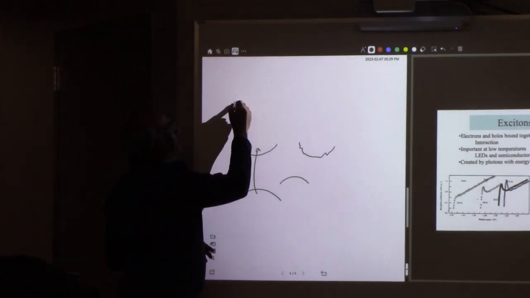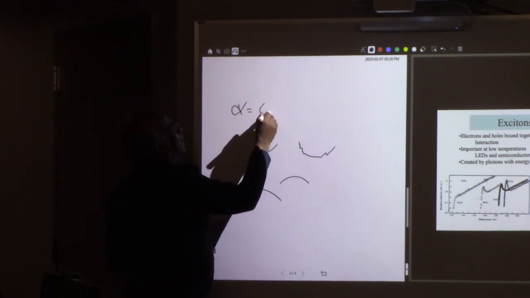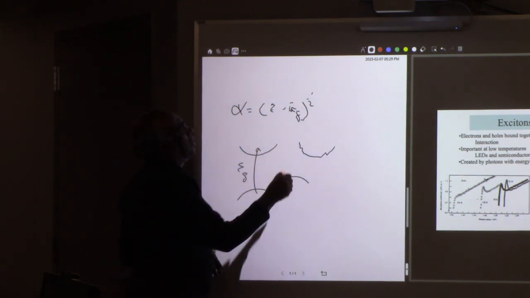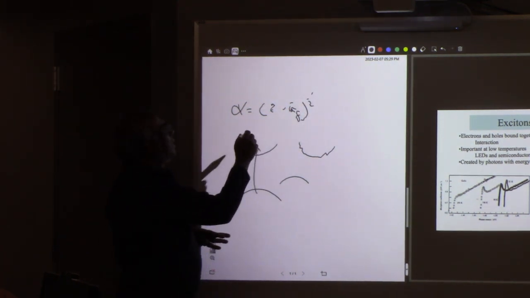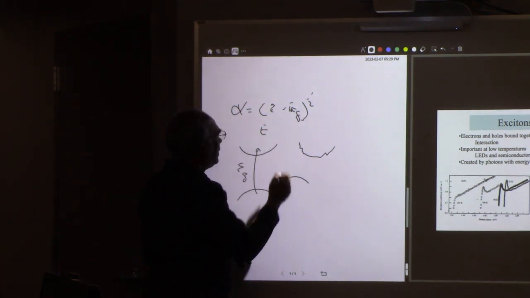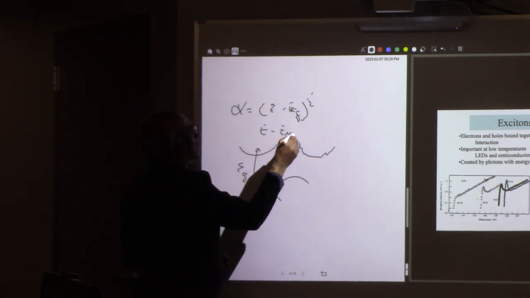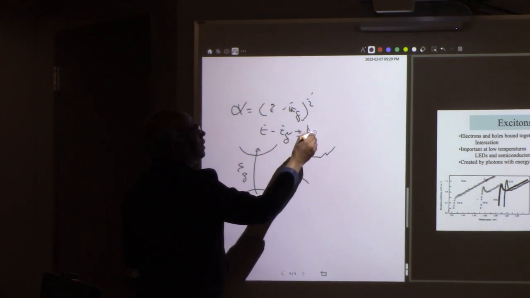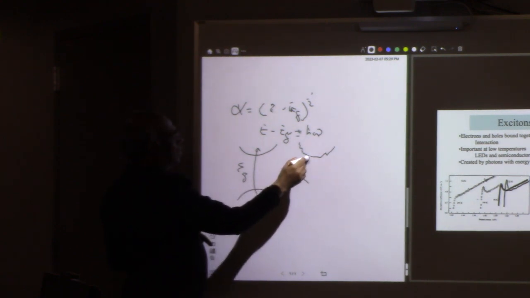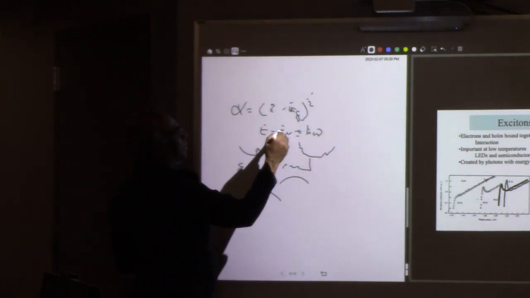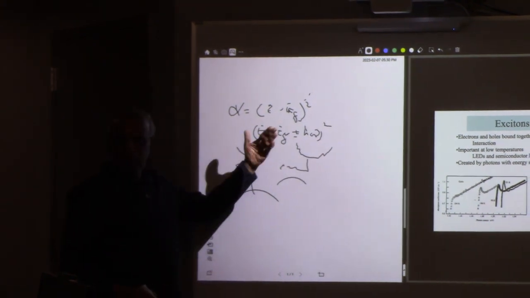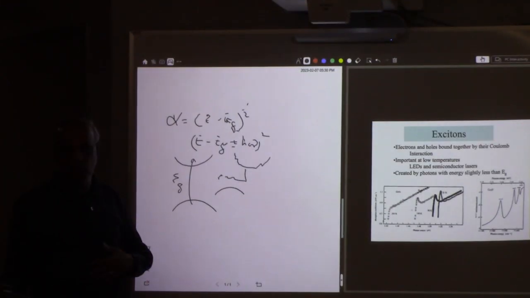Remember, absorption is given by something like (E minus Eg) to the half for direct band gap, and then (E minus Eg plus or minus the phonon energy), right? In this case, you need to have a phonon as an intermediate. But this one goes like the square of that one, right? So from there, we know how to linearize it and get that one.